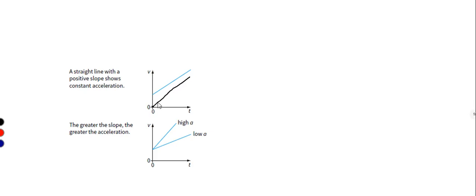Next, we have another v-t graph, but this time we have two straight lines passing through the v-axis, the speed axis, with a slight difference between these two lines. And what is that difference? This line has more slope as compared to this one.